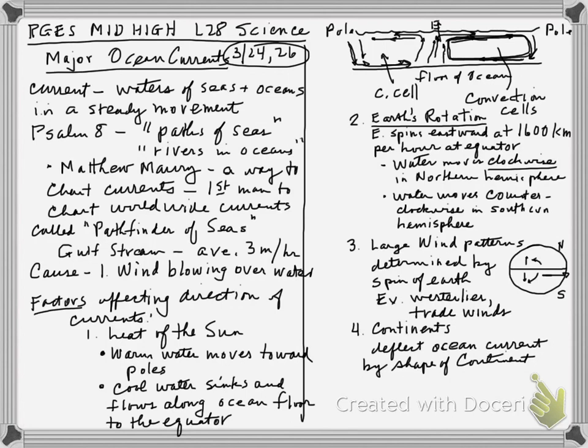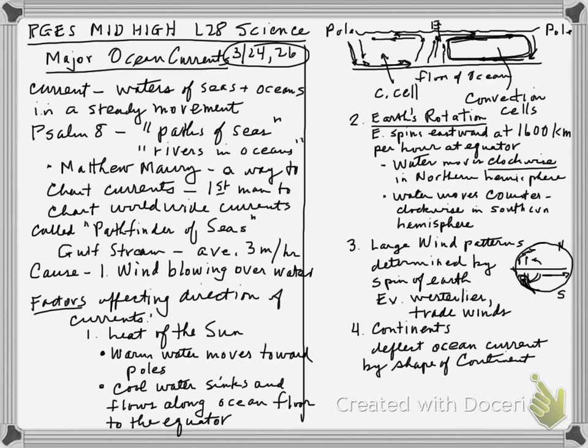So for instance, if we have a current that's flowing, and as an example, let's say we have the continent of South America down in this area, and of course Central America, and then North America. There's Florida, and there's Maine. So what happens when this current hits the side of the continent?